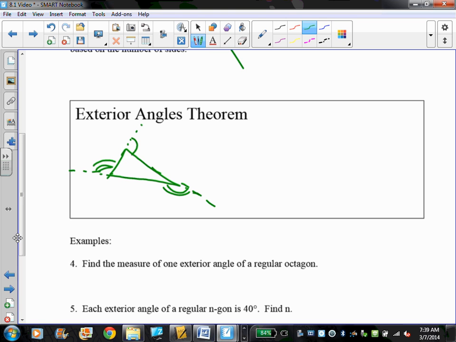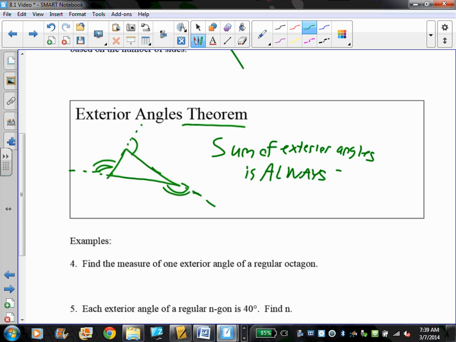What this theorem tells us is that the sum of exterior angles is always 360 degrees. That's going to play into some of the problems you see coming up, so just knowing that the sum of those angles on the outside always adds up to 360 degrees is something you want to remember for this chapter.